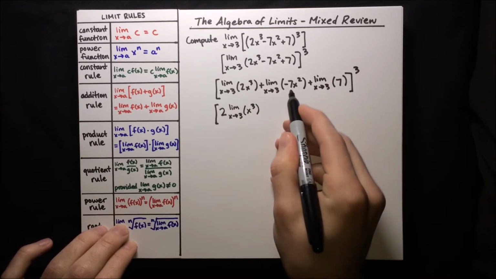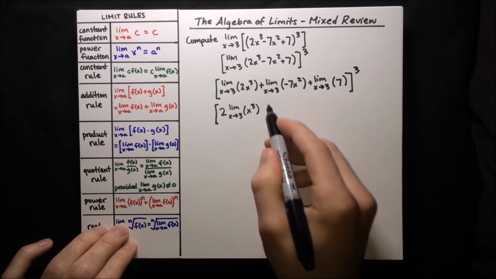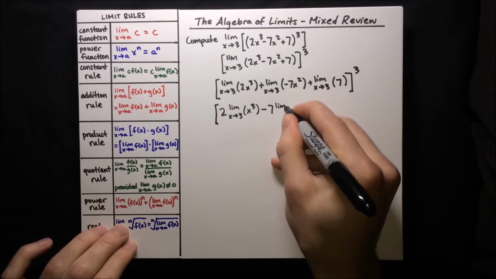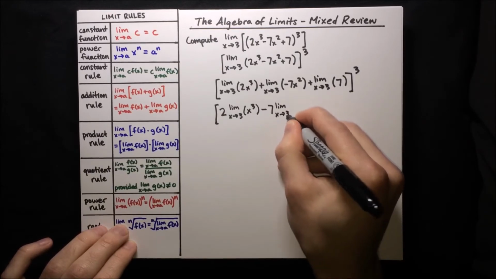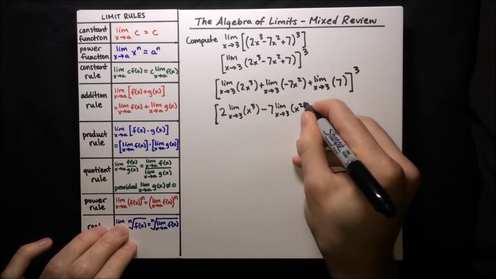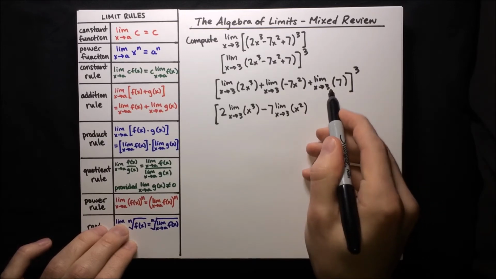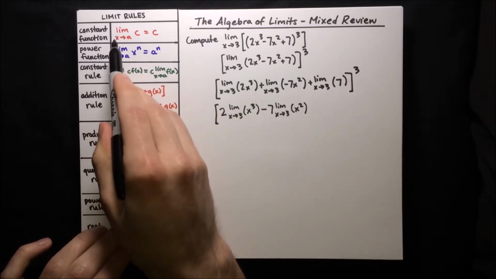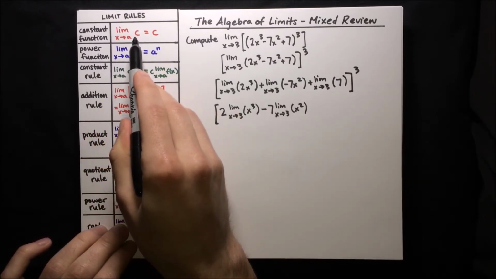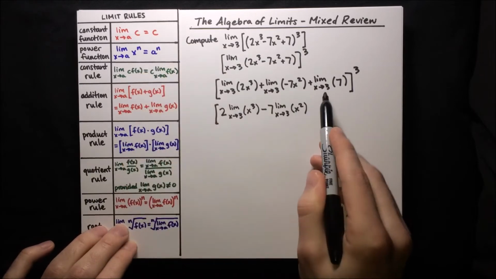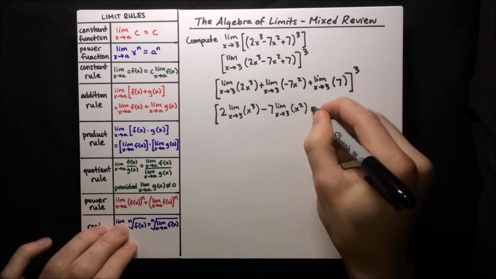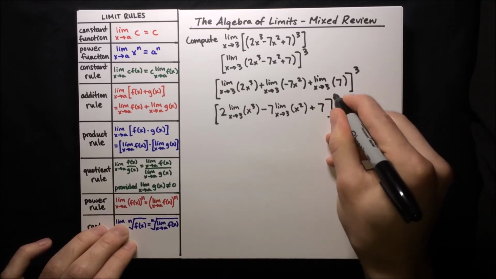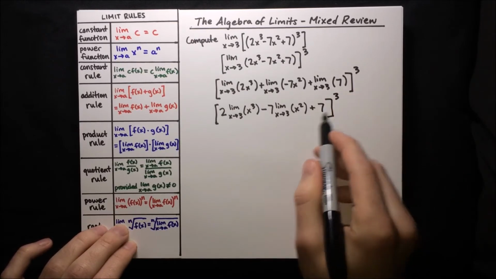And then we'll do that same thing here. Negative 7 moves to the outside. So we've got minus 7 times the limit as x approaches 3 of x squared. And then here, this 7 is just a constant function, and we know that the limit of a constant function is just the constant itself. So this limit just evaluates to 7. So plus 7, and then all that to the third power.